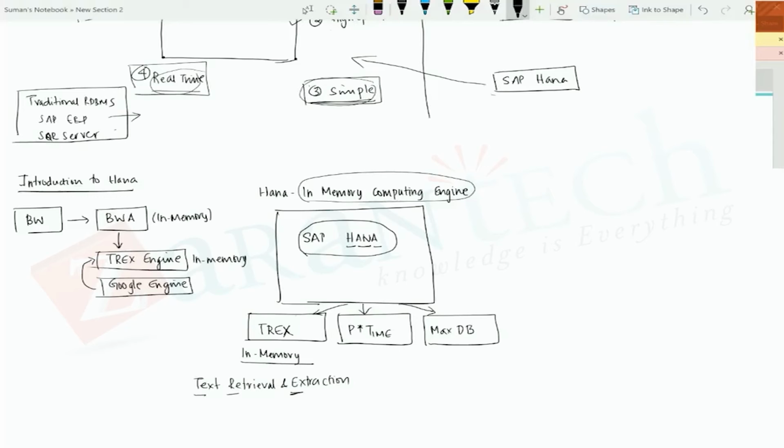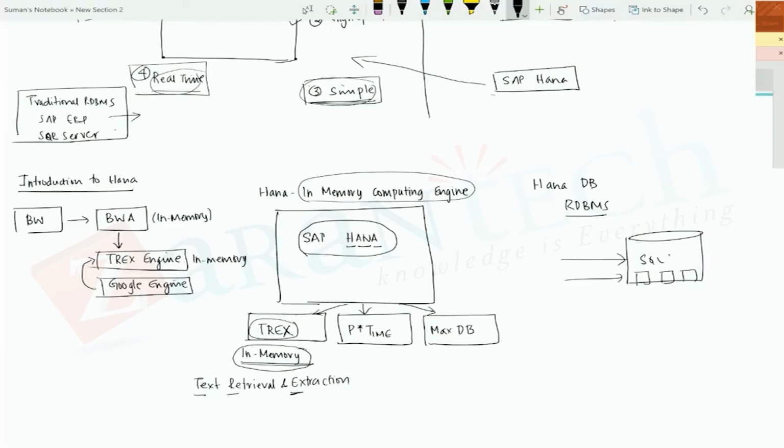Now, we have also heard this terminology that at a very low level, HANA is nothing but a database. You can also say that HANA is an RDBMS, a relational database system. What is a typical relational database like SQL Server or Oracle used for? It is to get the data from the systems and store it efficiently.